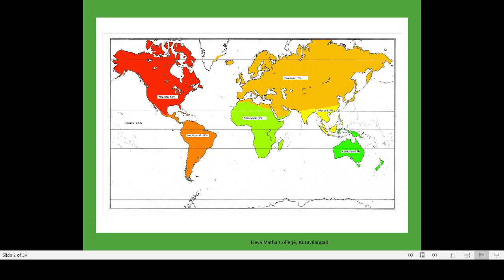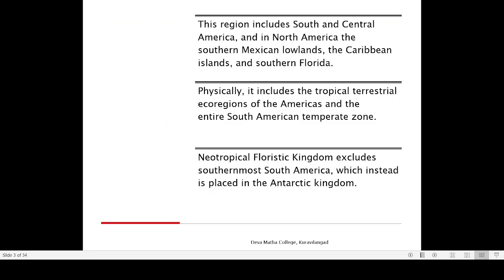One is the tropical region in the northern portion and the temperate region in the southern portion. So these are the two types of climatic region or eco regions that we are finding in the South America.